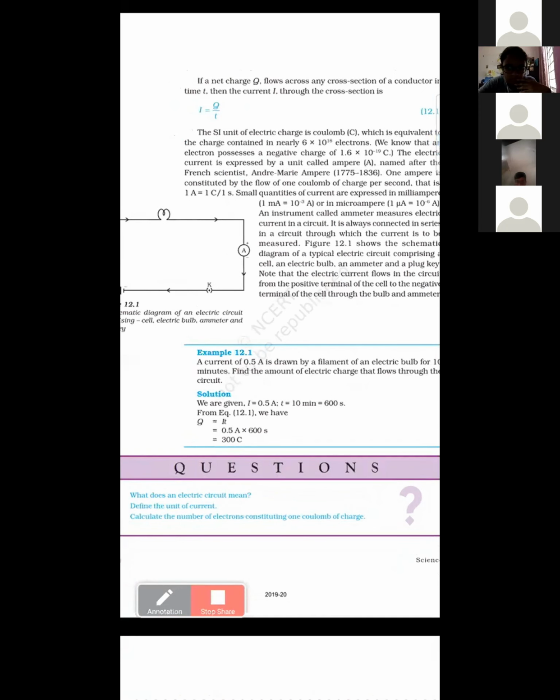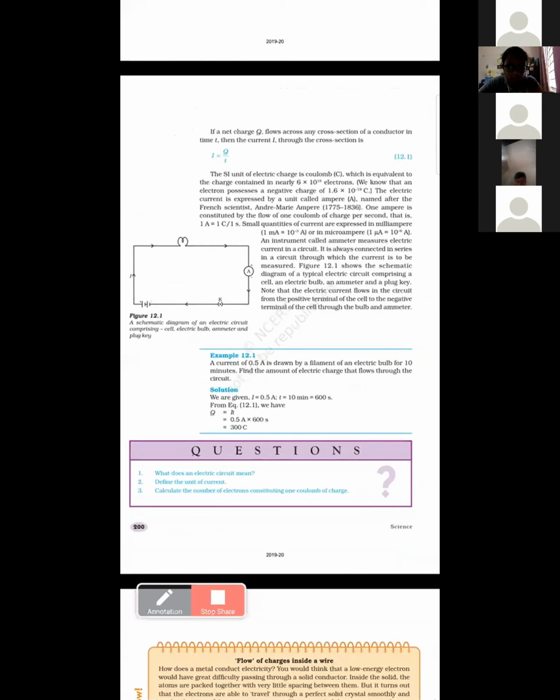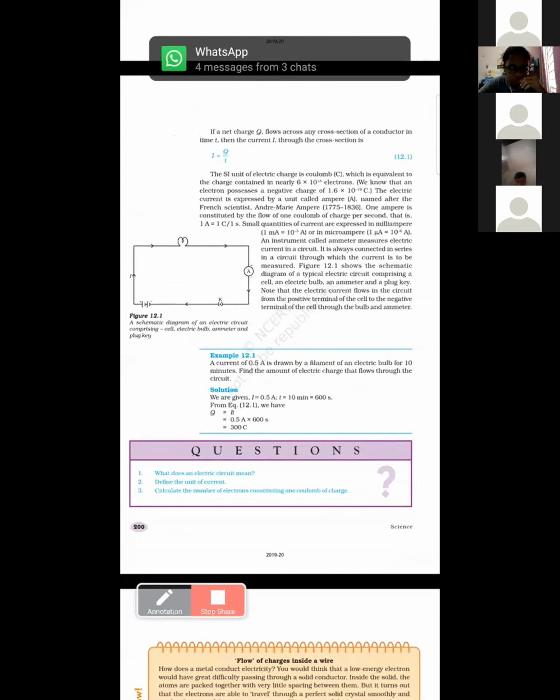You have to do this in notebooks and you can ask me doubts in the next video session. What I'm asking you to do are the blue colored questions and the examples. So I'm just telling you till where you have to do it. Example 12.1 you can do; you can just read and understand.